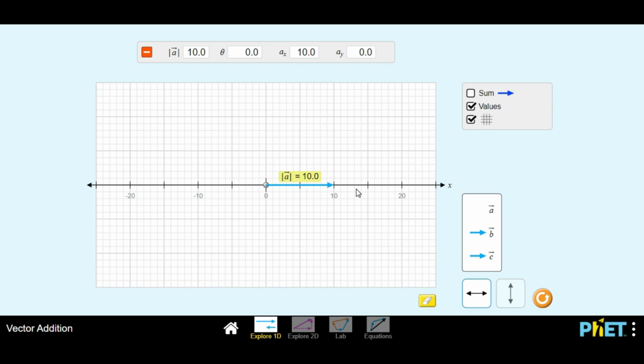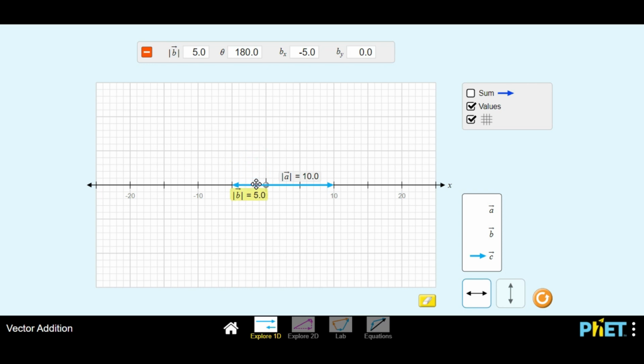And then I will draw one more vector quantity here, and the direction is to the left, and the magnitude, let me set as 5.